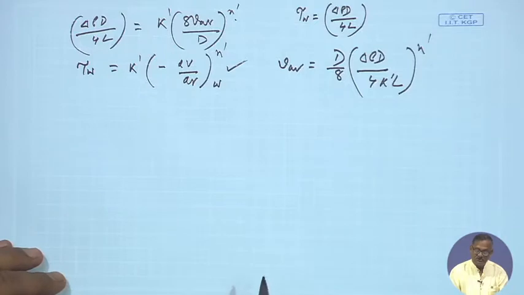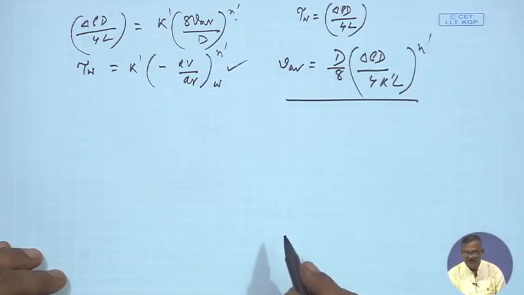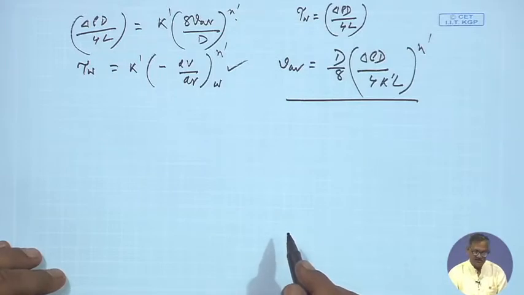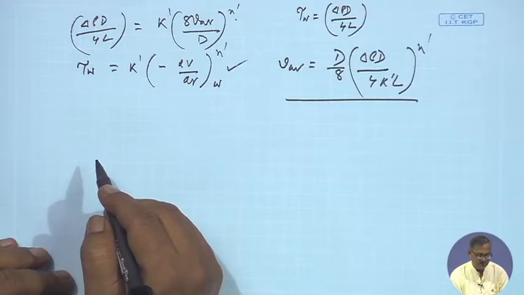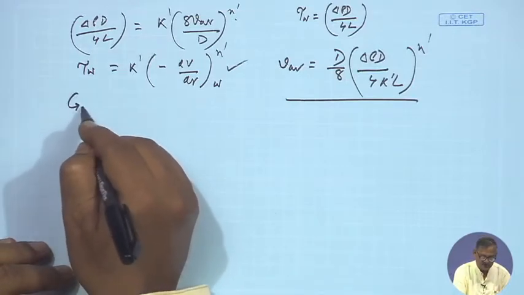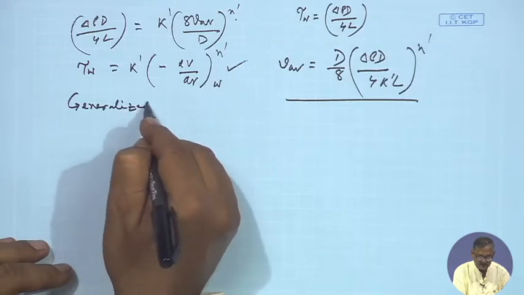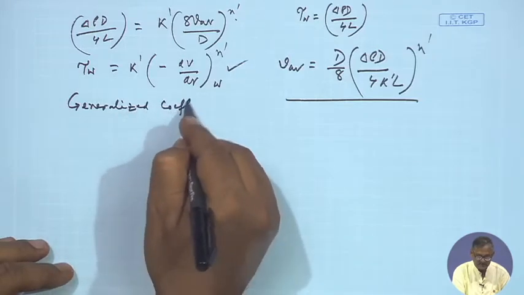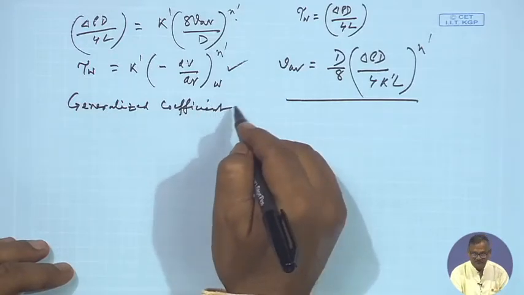This is called the generalized coefficient of viscosity.